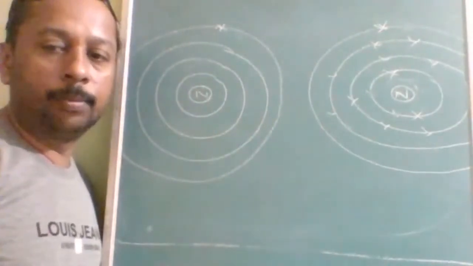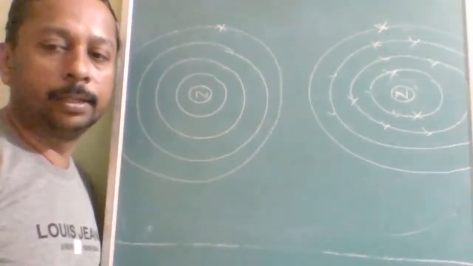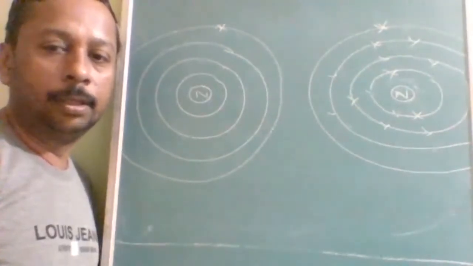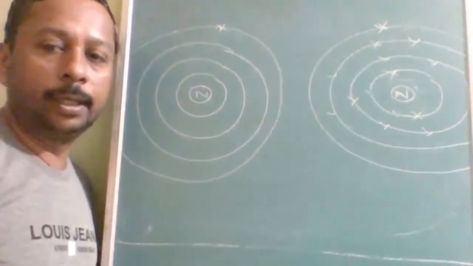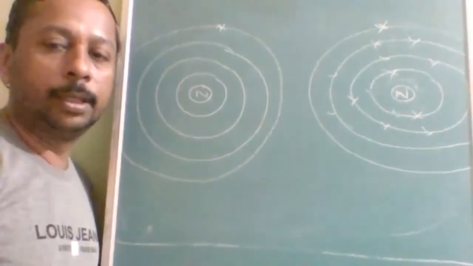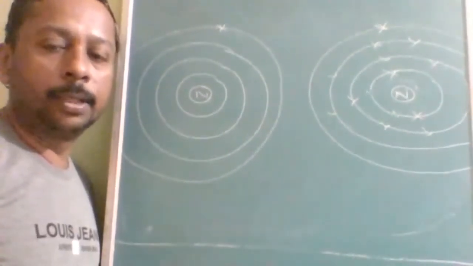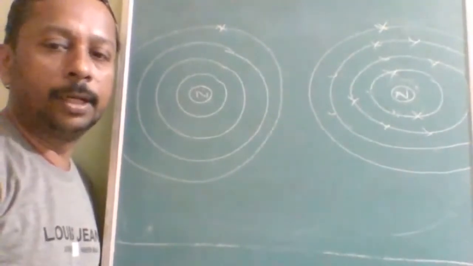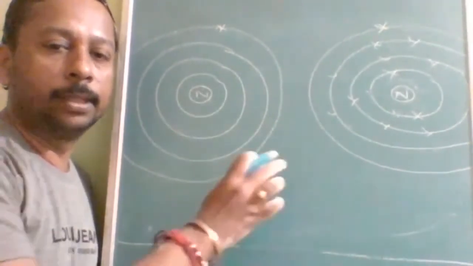This is hypothetical. It is not practically possible for such an atom to exist, but hypothetically you can assume that it is existing. We are assuming that this is the atom existing.